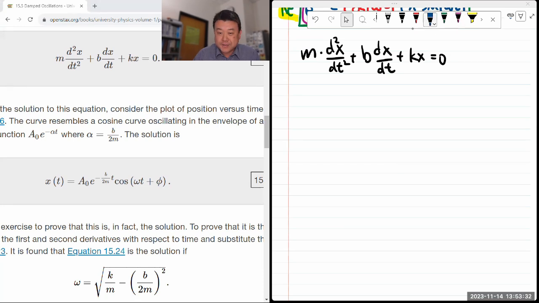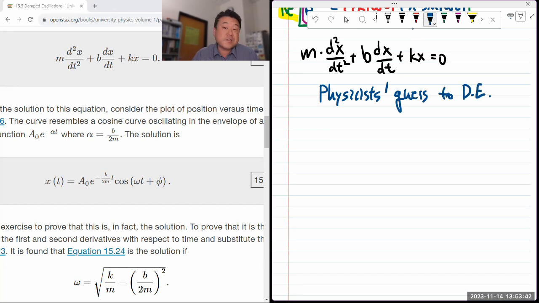I'm going to call this the physicist's guess to differential equations, which is exponentials. I'm going to guess that my solution, x as a function of time, is going to be an exponential function. More precisely, a complex exponential function.